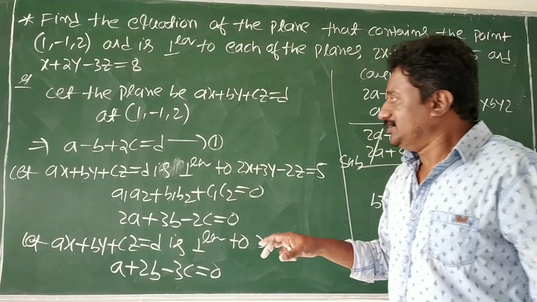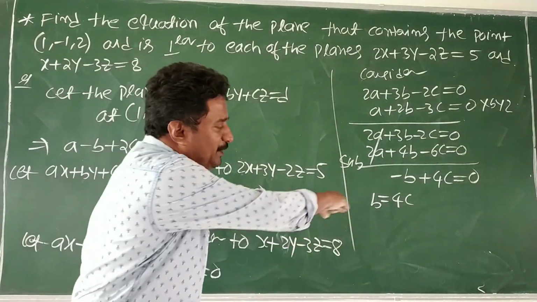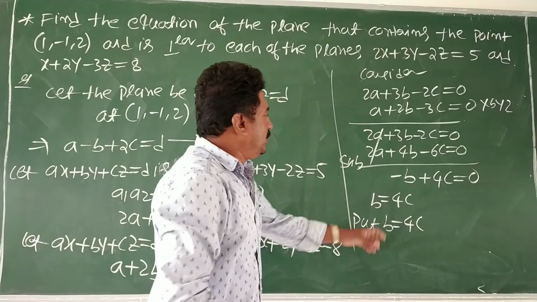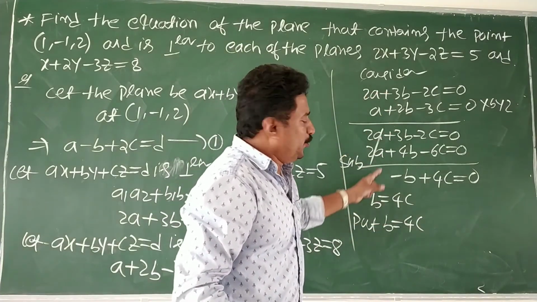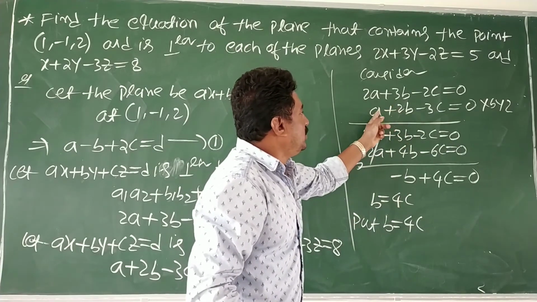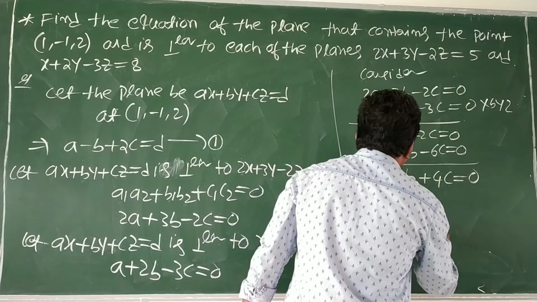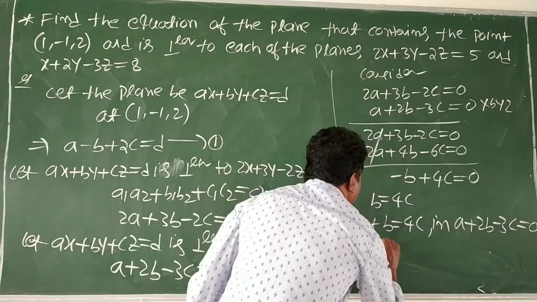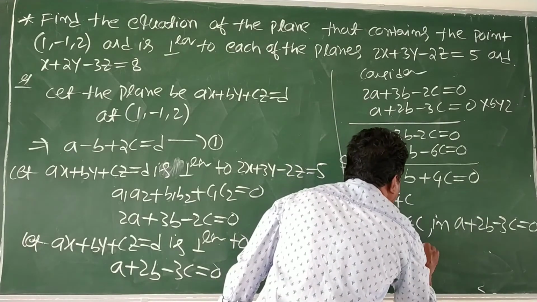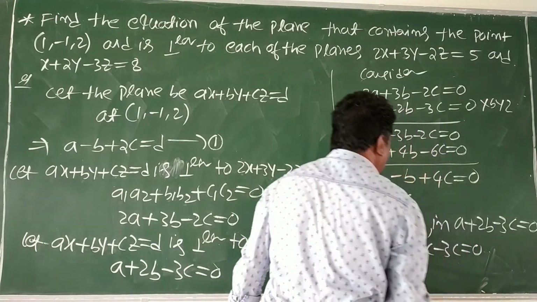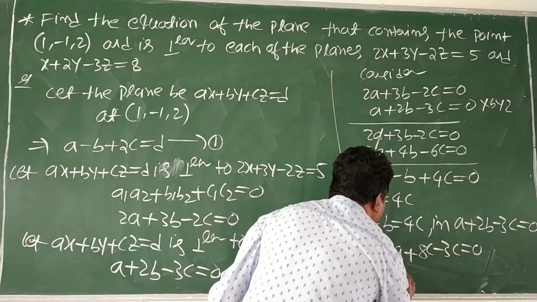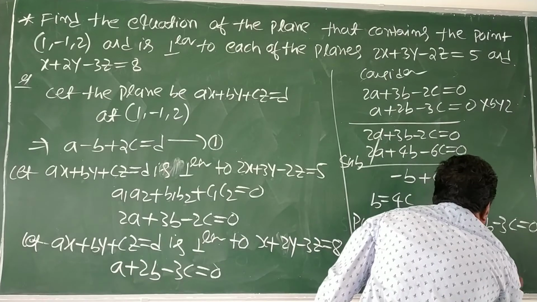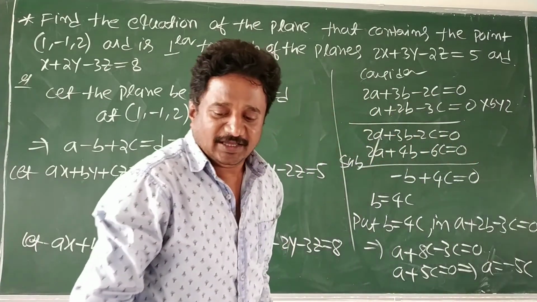Now put b equal to 4c in a plus 2b minus 3c equals 0. So a plus 8c minus 3c is 0, a plus 5c equals 0, which implies a is equal to minus 5c. Again I got a in terms of c.